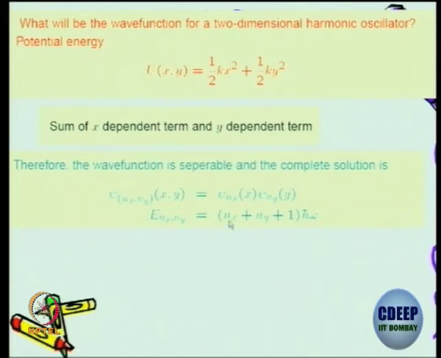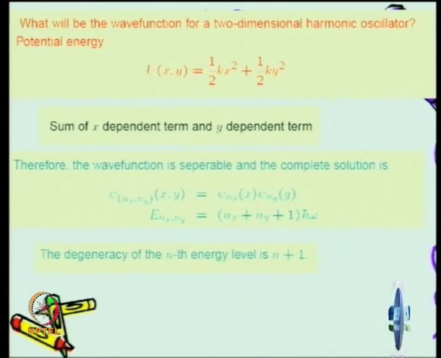They can be added to give you nx plus ny plus 1 h cross omega, and there is a product of two wave functions. The forms are exactly similar to your one-dimensional harmonic oscillator, only the variable x will be replaced by variable y and the appropriate quantum number. So, there is one more feature once you go to two dimensions. What is the feature? The degeneracy of any level given an integer n, nx plus ny, I can call it some integer n. It's actually a whole number, it could also be 0.